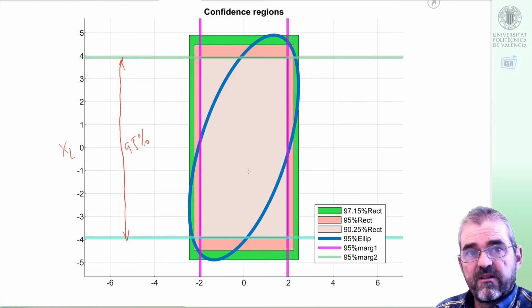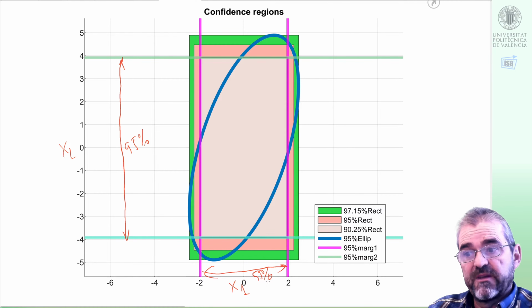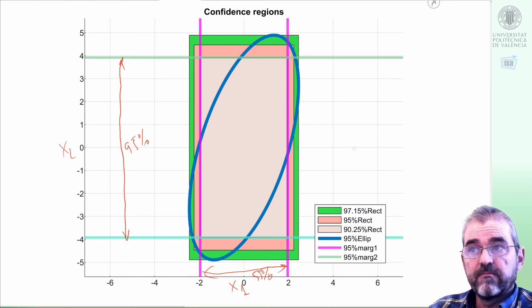Then we forget about everything and we compute the confidence interval. The marginal confidence interval for x1 will also be correct, and the ellipsoid chi-squared computation, it can be proved that it is also correct.